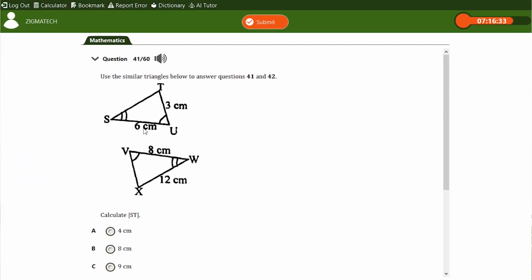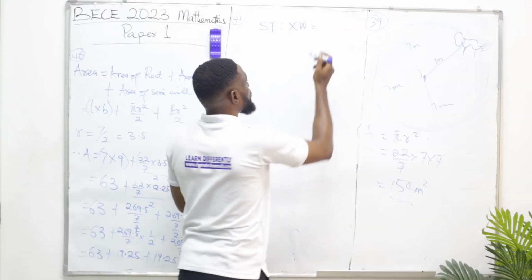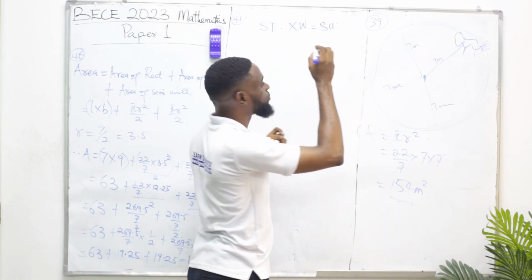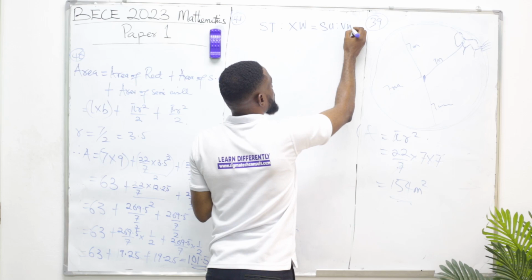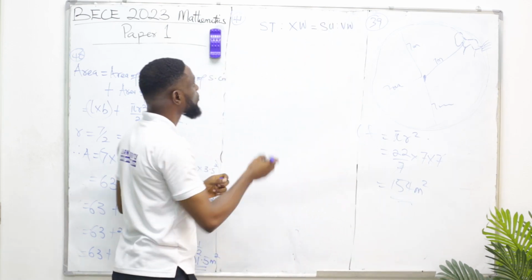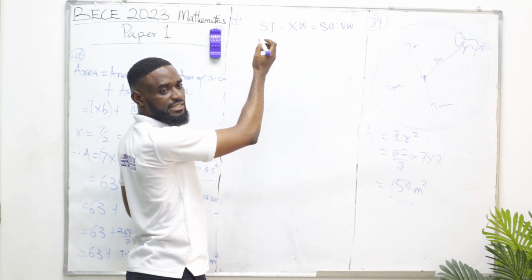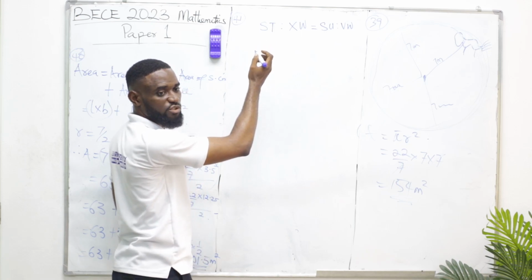If you look at SU, 6 cm is given, VW, 8 cm is given, right? So we say equals to SU ratio VW. Is that okay now? So what we have in ST, which is what we're asked to find.